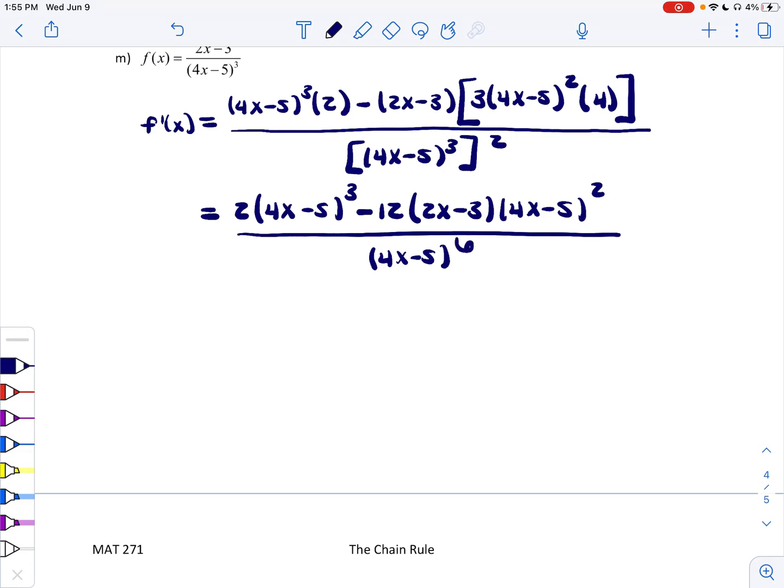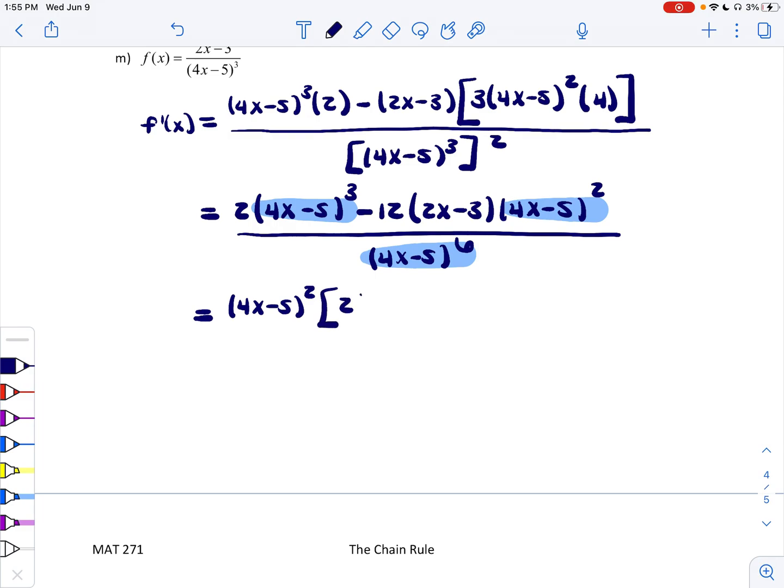All right, now one thing that you might notice on this is that every single term up here in both the numerator and the denominator has a 4x minus 5. So what I'm going to go ahead and do is I'm going to pull out my greatest common factor in the numerator, which will be a 4x minus 5 quantity squared.